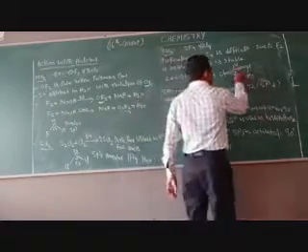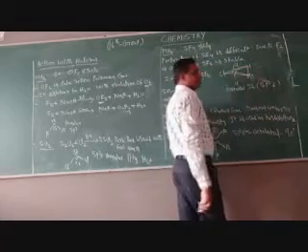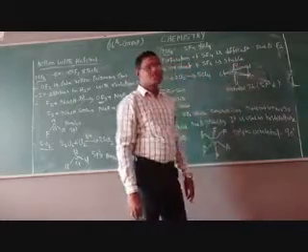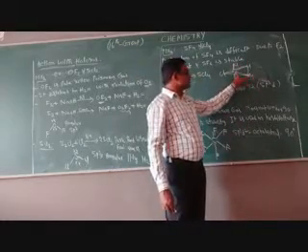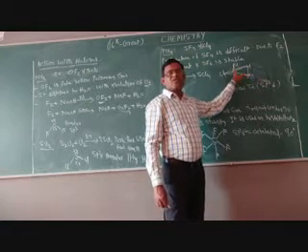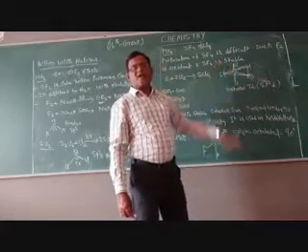This is an equatorial position, or this is an equatorial position, this is an equatorial position. But these two are axial positions. The lone pair always occupies an equatorial position. Equatorial positions are always nearer to the central atom. Axial positions are always farther from the central atom.